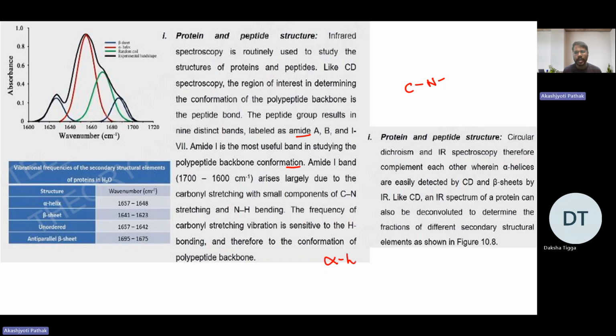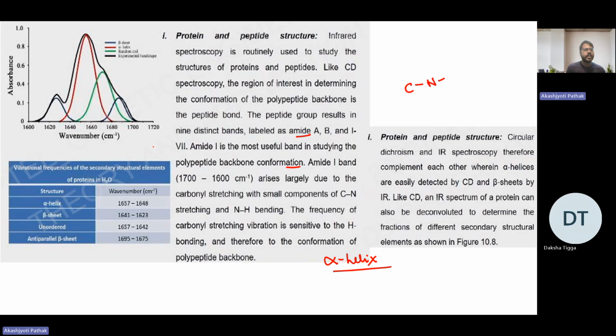If you see here alpha helix, you know that in alpha helix, there are hydrogen bonds at every n plus 4 amino acid residue. So depending on which two amino acid residues the hydrogen bond is being formed between, that will also provide information about the secondary structure of the protein.